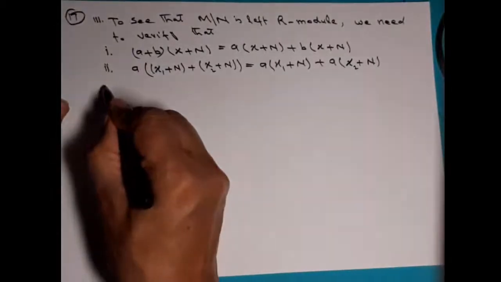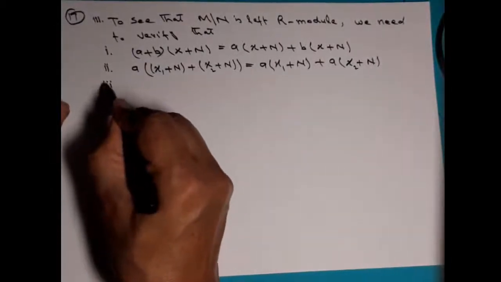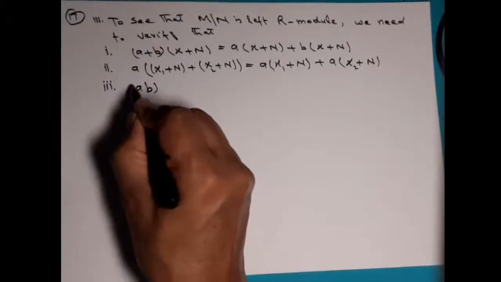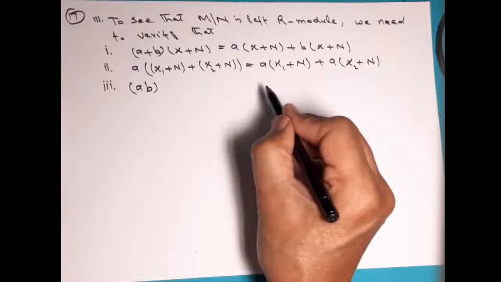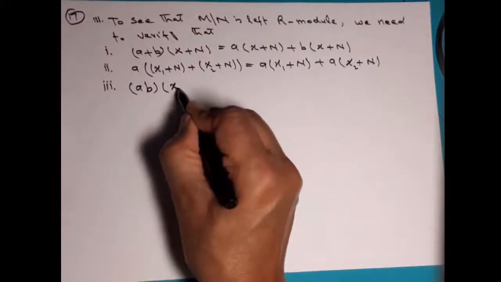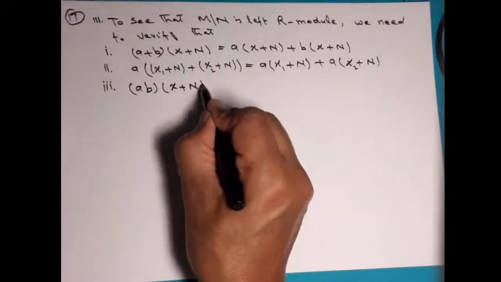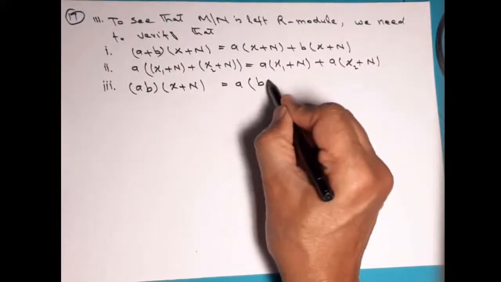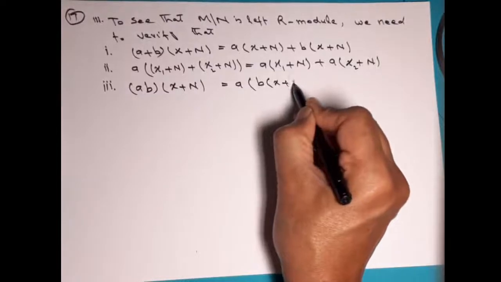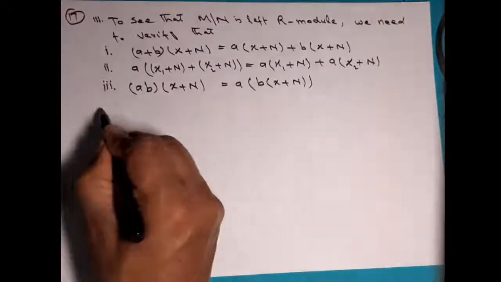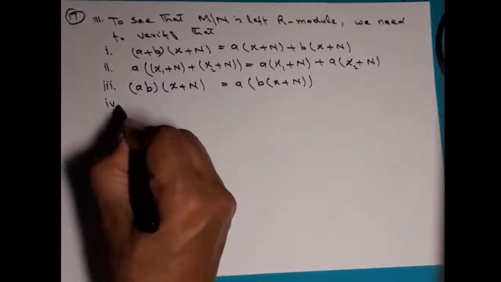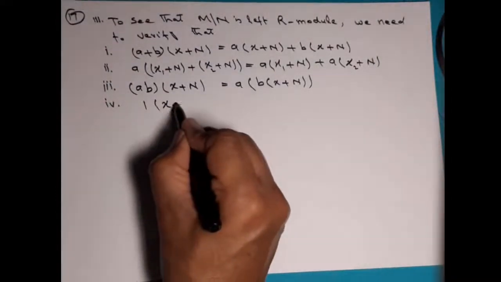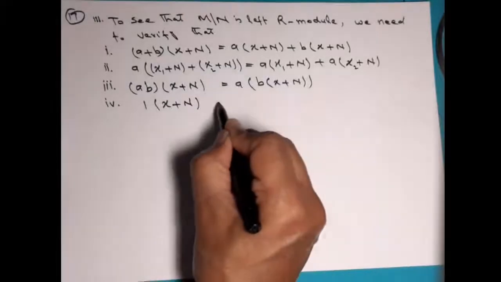And then the third condition is that (ab) multiplied with (x plus N) must be equal to a multiplied with (b multiplied with (x plus N)). And then the fourth condition is quite simple, and that is 1 multiplied with (x plus N) is equal to x plus N.